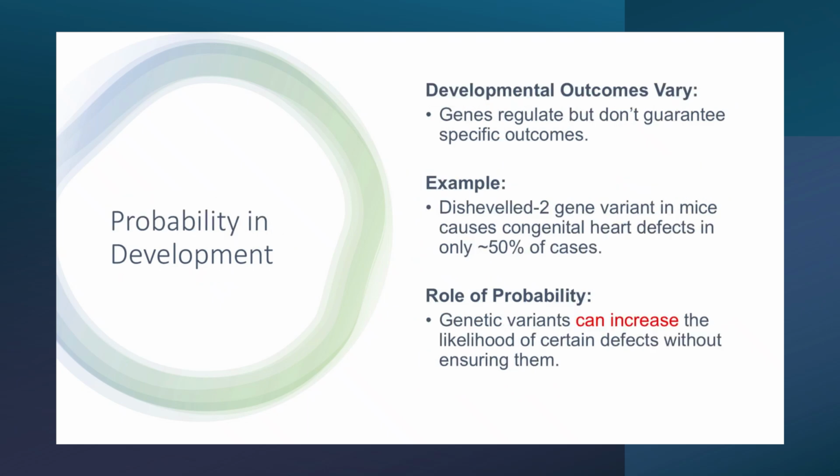Genetic variants can influence development in a probabilistic way. For instance, the disheveled 2 variant in mice leads to congenital heart defects in only half of the carriers. This effect highlights that genes regulate but do not fully control development, allowing for variation in outcomes.